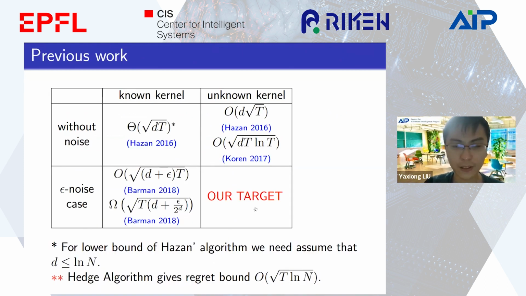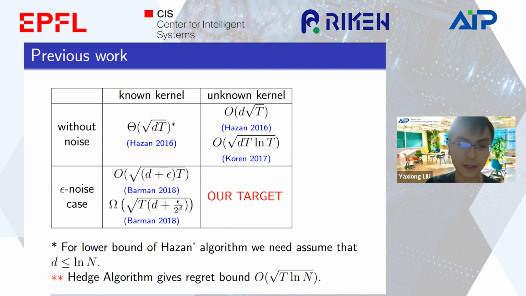Then I will show the location of our work. This online learning experts problem with low rank loss is quite a new topic compared with the original problem. If the kernel U is known to the algorithm, then the result is quite nice.